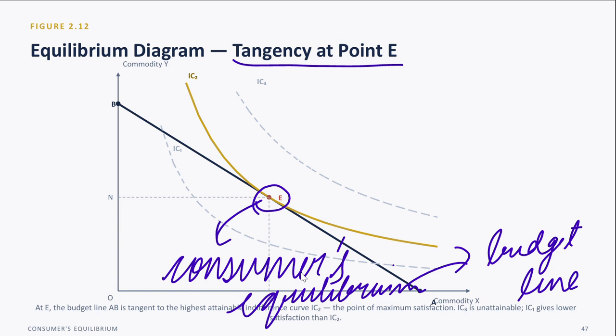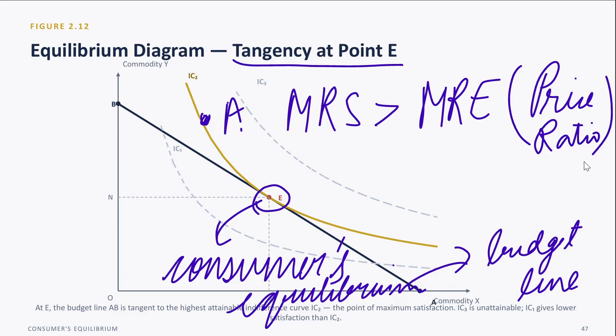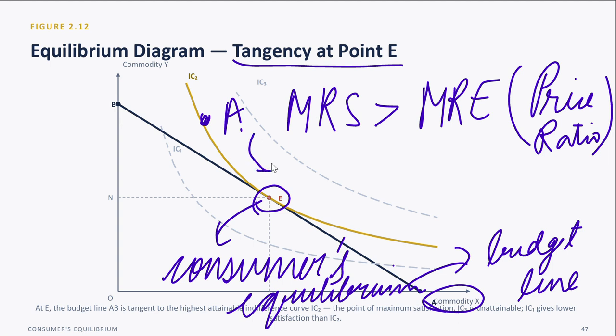Okay, and if I take a point here, let us suppose A, here MRS is going to be greater than the MRE, or I would say rather greater than the price ratio. So what will the consumer do? The consumer would basically consume more of the X commodity until the MRS diminishes and it reaches back to the equilibrium here.